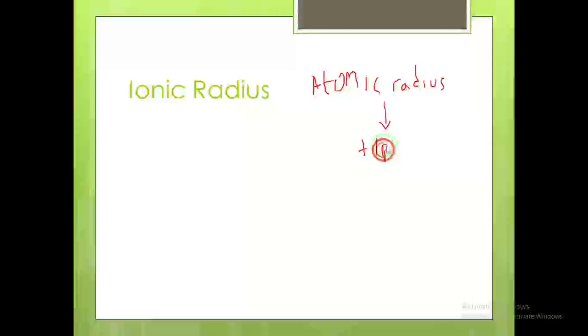Plus 1 proton and what? Plus one what? Electron. But for ionic radius, we only have what? Plus one electron.